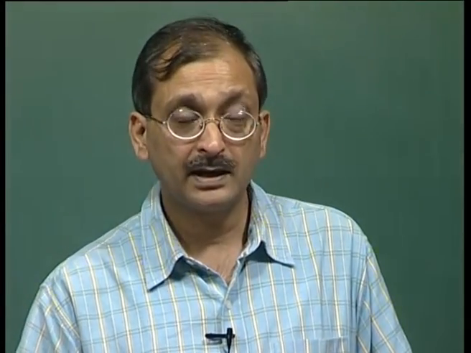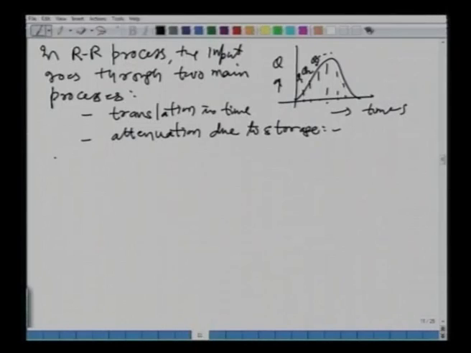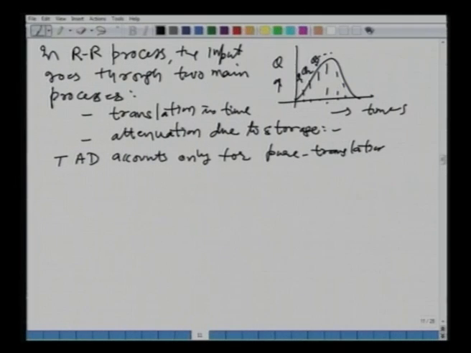This time area diagram, the method which we just looked at, accounts for only translation in time. It does not account for the attenuation due to storage in the catchment. So, the limitation of the time area diagram is that it does only pure translation.